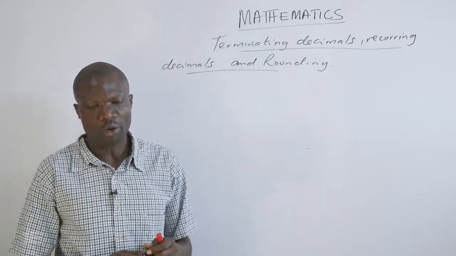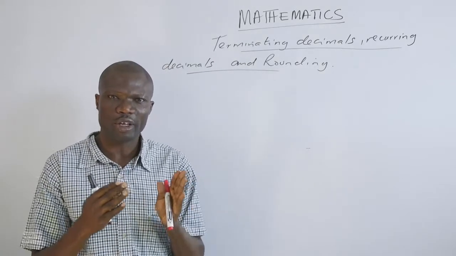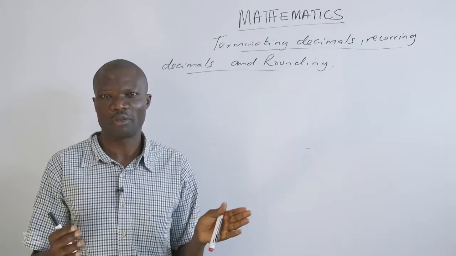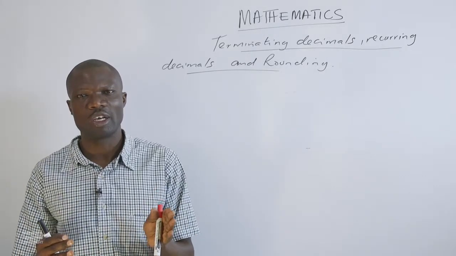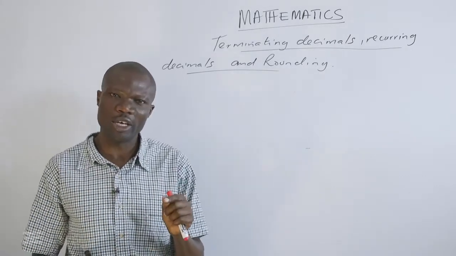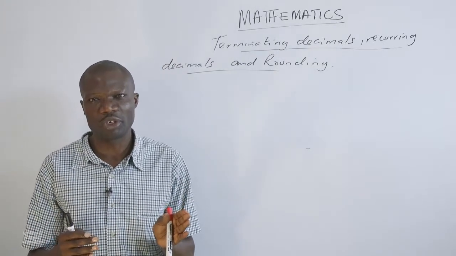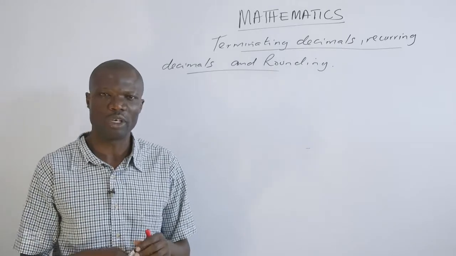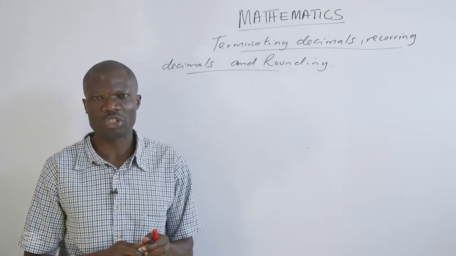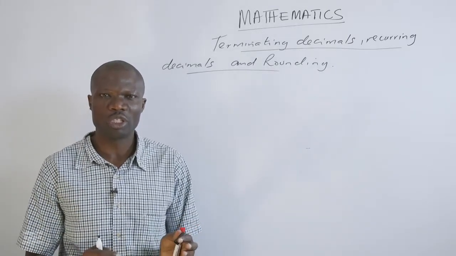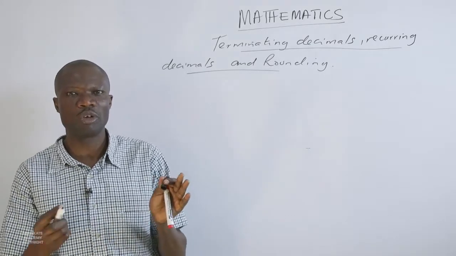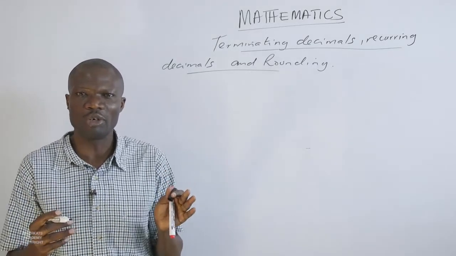Earlier on, we found that we are able to convert any fraction into a decimal. But today I want to say this: not all fractions, when you convert them, will terminate. Those fractions which we've been handling, we've been able to find the exact value in decimal.